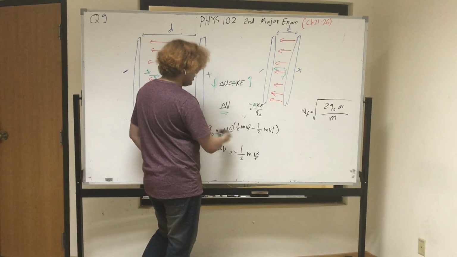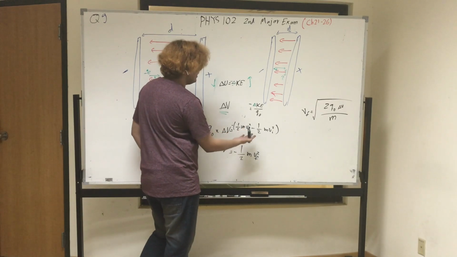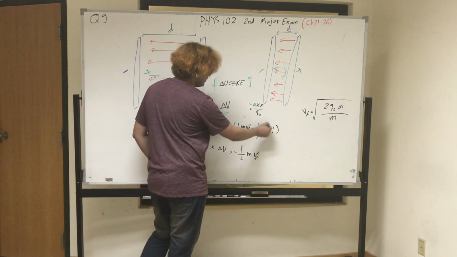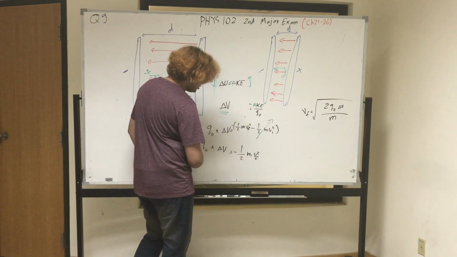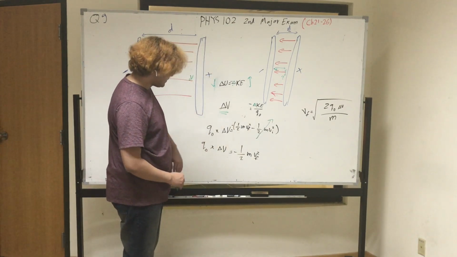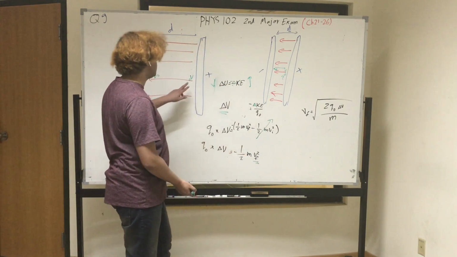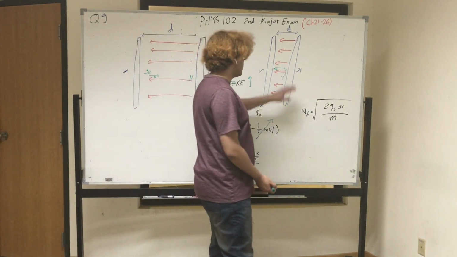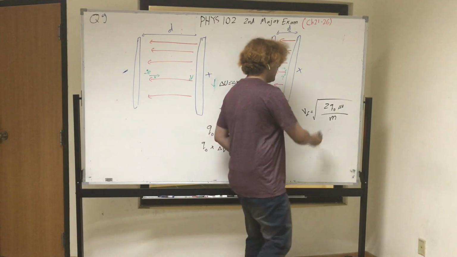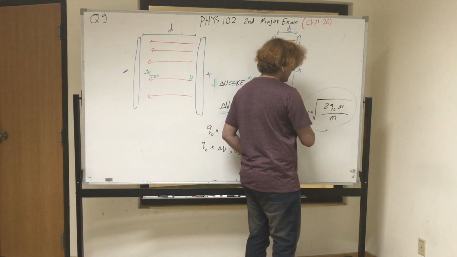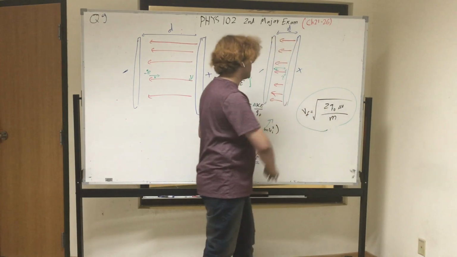We know that the initial velocity is 0, so this goes out, and our equation reduces to this. If you solve for the final velocity, the velocity here and the velocity here, you'll get this expression. So this here gives you the final velocity.